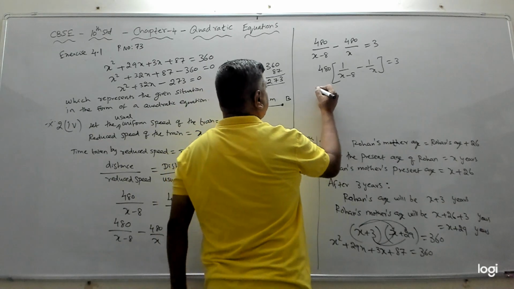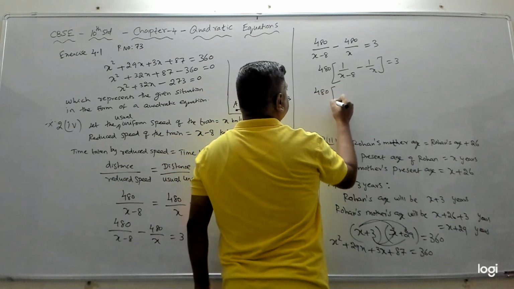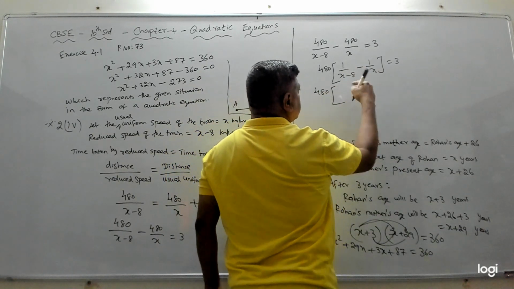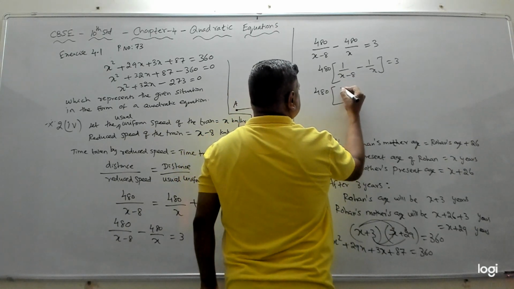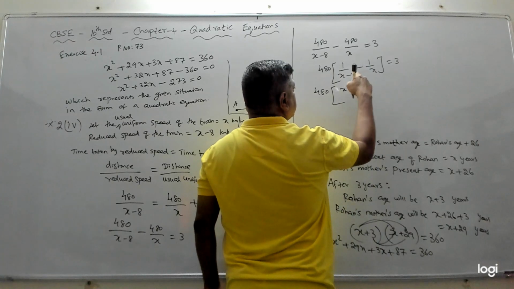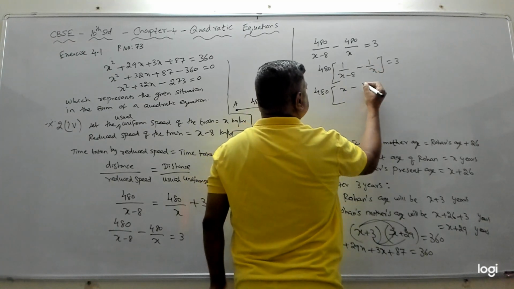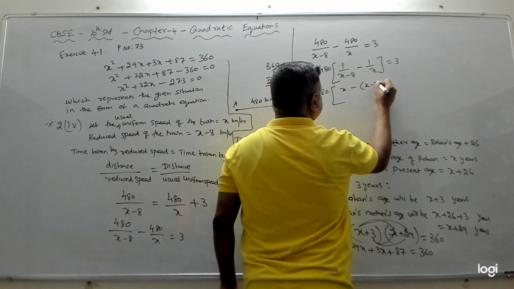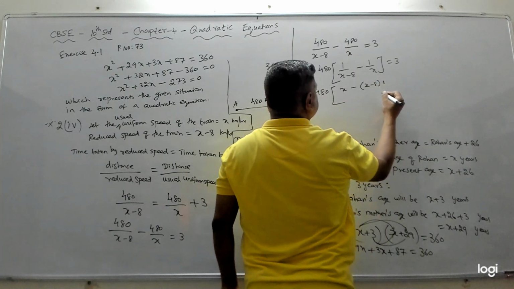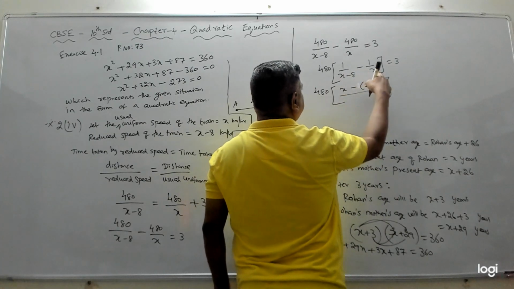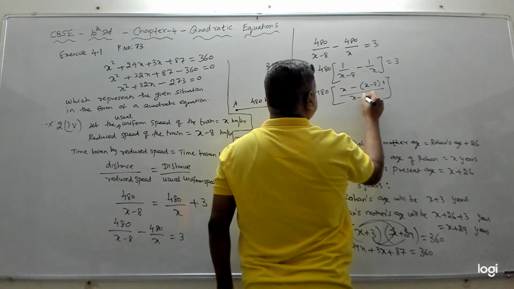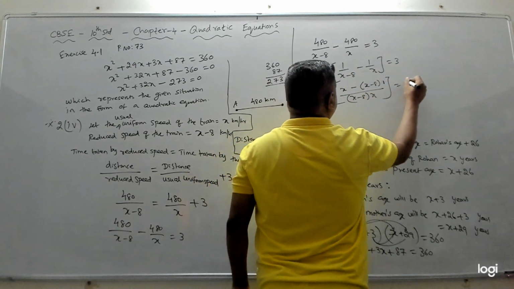Right? So 480, we'll keep it here. So how do we do this? These two fractions, we add normally. So you will do this 1 into x minus x minus 8 into 1. So you should put bracket x minus 8 into 1, divided by x minus 8 into x equal to 3.